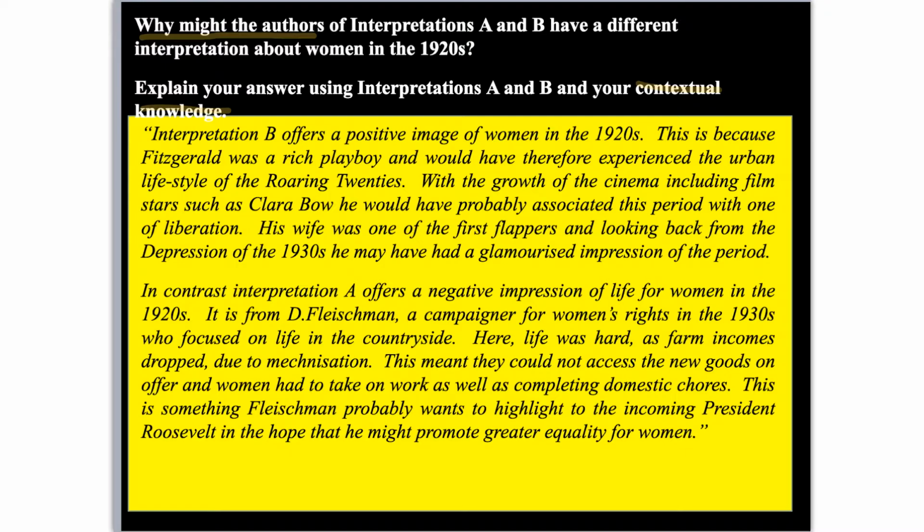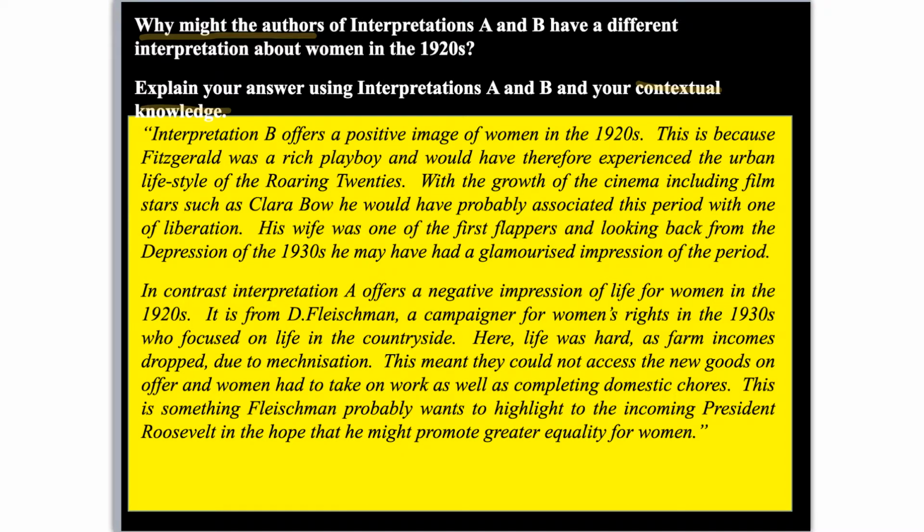So it's very important that you don't just simply rewrite what's in the ascription, that information above the content, but also place that in context with some brief understanding of what was going on in the 1920s in this particular case. So if we just look at the answer overall, you can see it's sort of broken up into two paragraphs, each paragraph dealing with one of the interpretations.